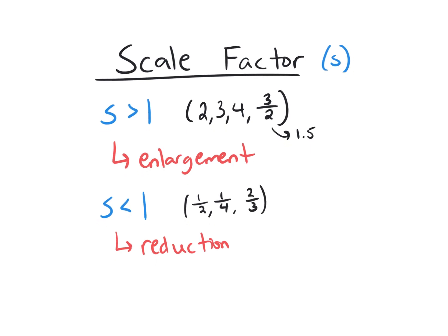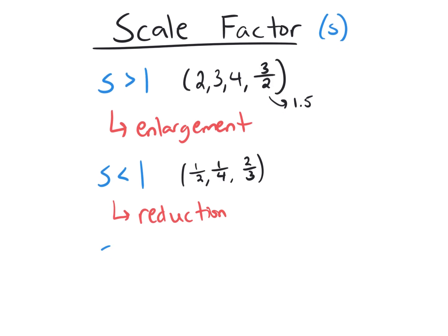And if S equals 1, what would happen? It doesn't change. It would stay the same. So if I asked you to perform a dilation with a scale factor of 1, would you have to do anything? No, you would not.